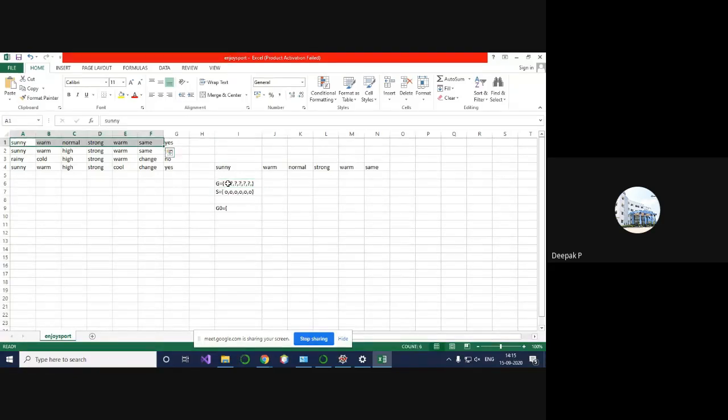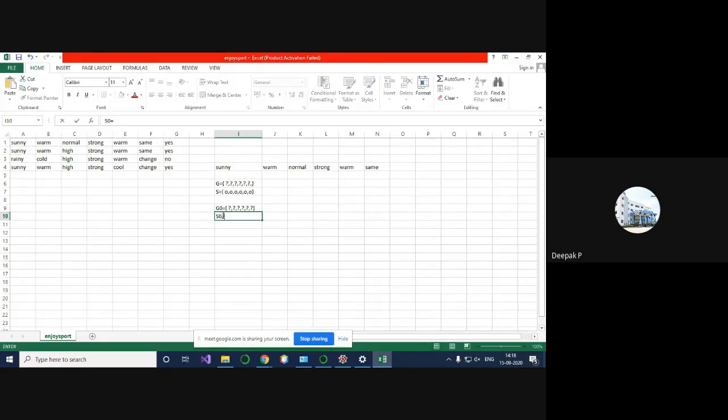With a question mark, I can take any value. So do I want to change G naught or retain the same thing? There are no changes, so I retain it. This data remains the same. So this is G naught.